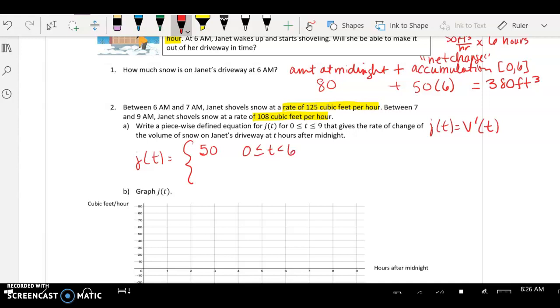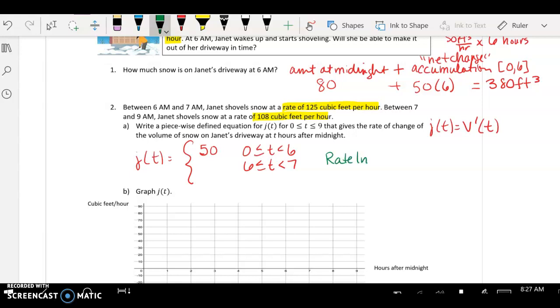At 6, she's going to start shoveling, and she's going to do that until 7. And she's very fast in the beginning. She's gung-ho. She's going to clean her driveway off, and she's shoveling at a rate of 125. However, this is a rate in, rate out problem.